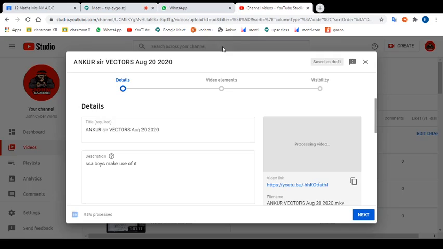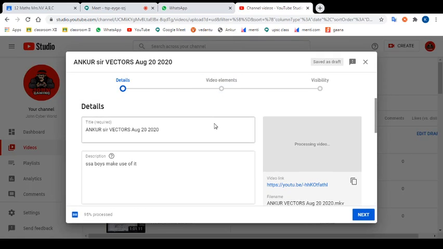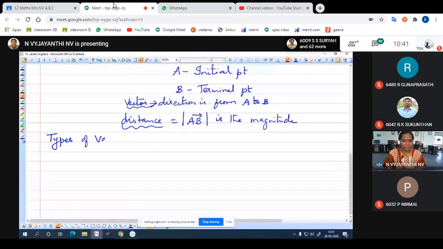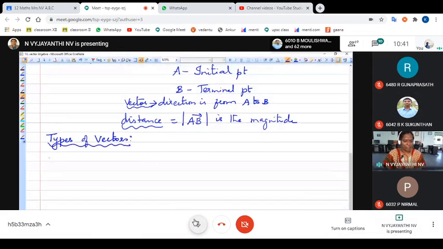After that, we will see the position vector of a point. Types of vectors. What are the types of vectors? Zero vector, first one. What can you say about zero vector?